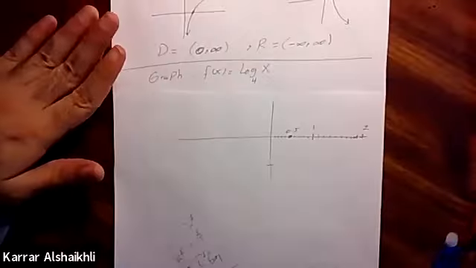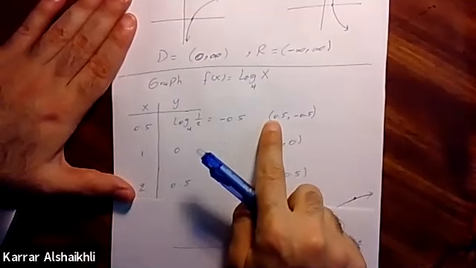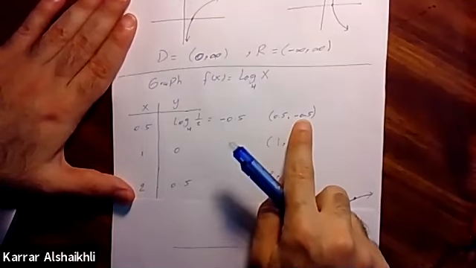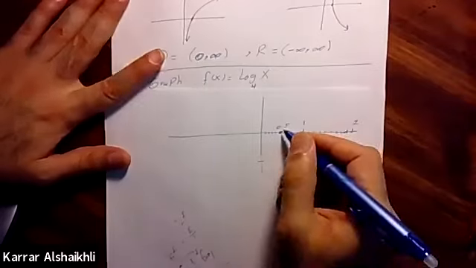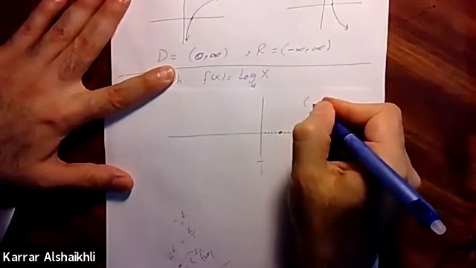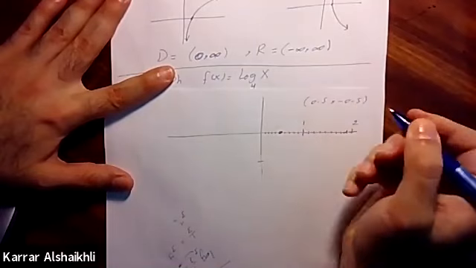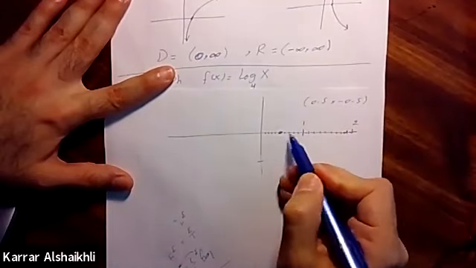In the middle, yes. Like this point, 0.5 and negative 0.5. 0.5 is in the middle here, right?